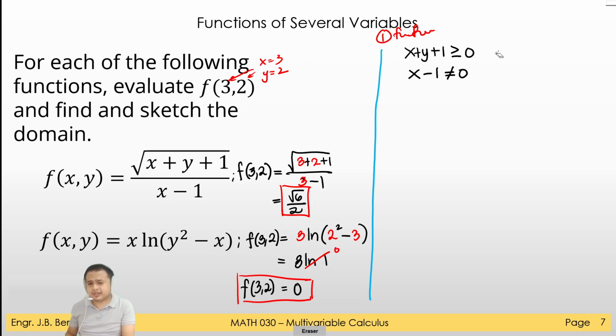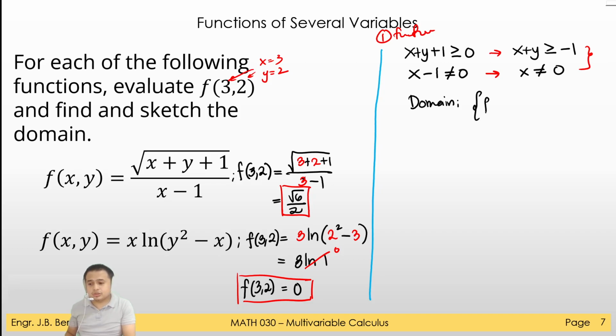But I think this is fine anyway. You can write this as well in this form, this is also another form, and this one can be in this form. So you have these two conditions that represent the domain of your function.